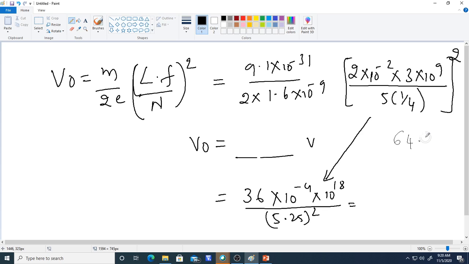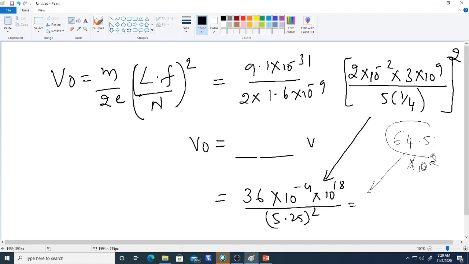Anybody got another answer? So 64.51 into 10 power 2. So this parameter or whole answer? So whole V naught, so that means it is around 6,000 something.